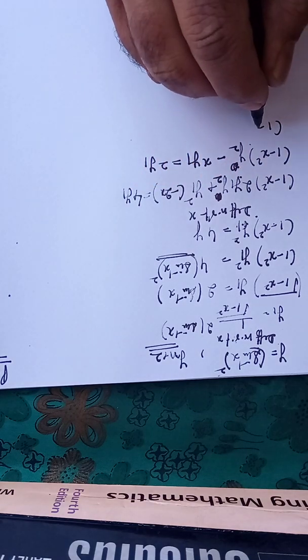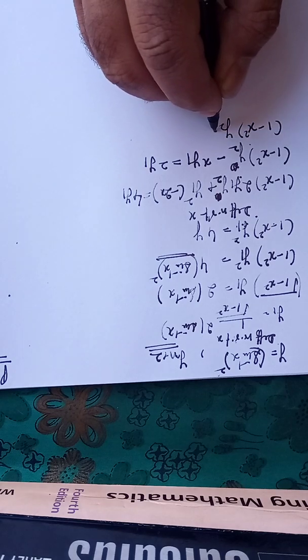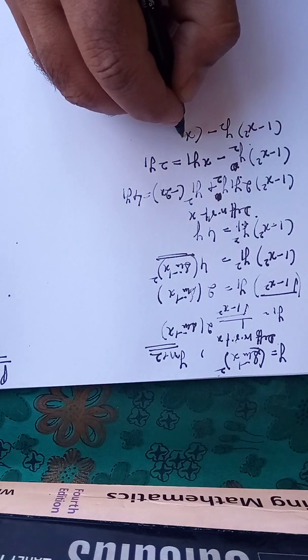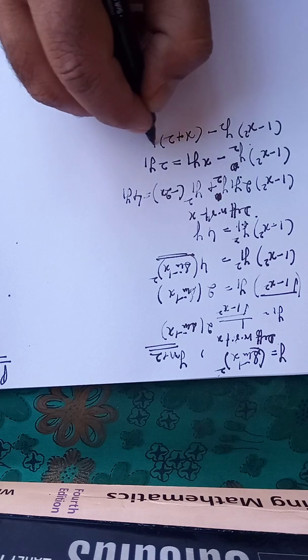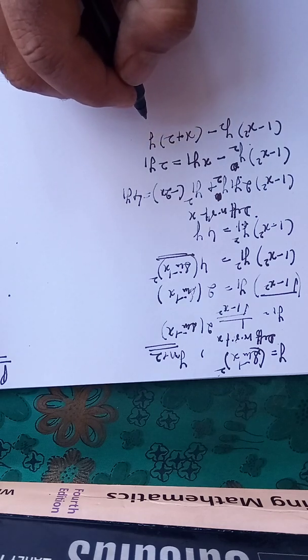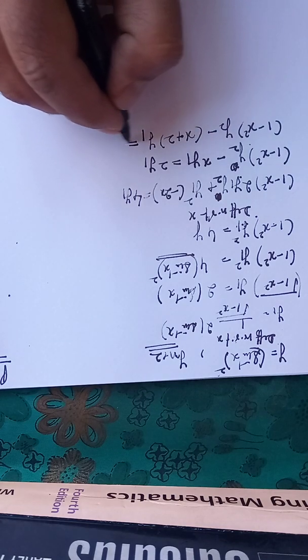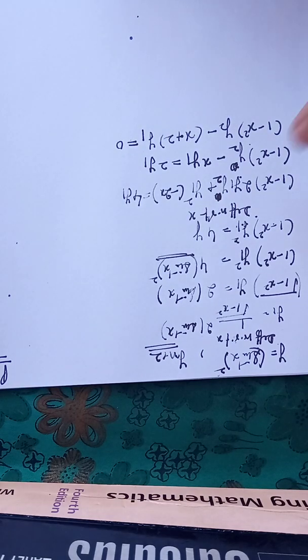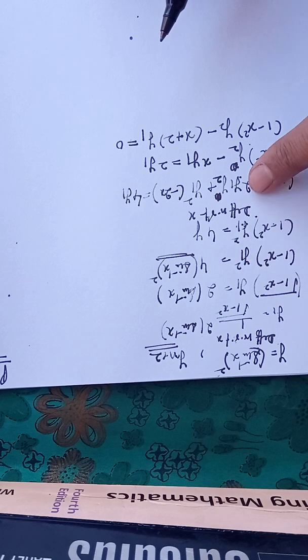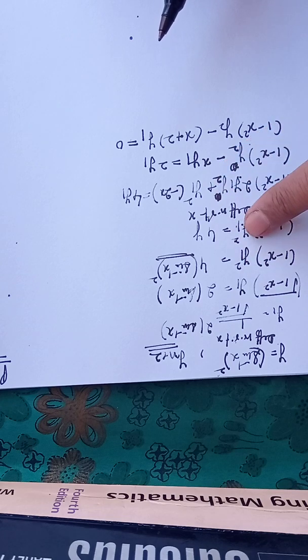So you have (1 minus x square) y2 minus x y1 minus 2 equal to 0. Let me check it again. This is 1 minus x square. Derivative of y1 square is twice y1 y2. Then y1 square as it is.